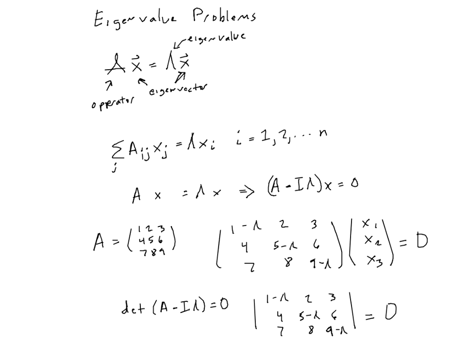And so as a net result, for a 3 by 3 matrix, you're going to have 3 eigenvalues. And each eigenvalue is going to have its own eigenvector, so you're going to have 3 different eigenvectors.